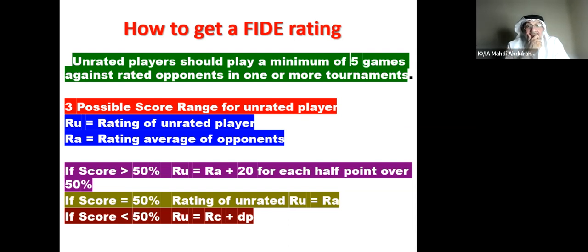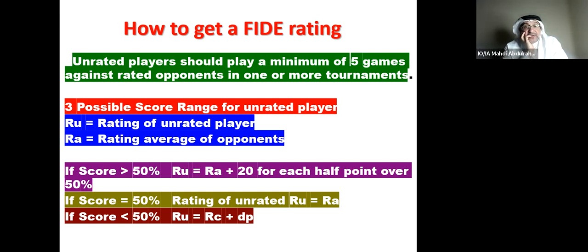Now, the calculation of the formula says if the score of the player is more than 50%, RU equals the average rating plus 20 for each half point over the 50%. I'll give you an example.